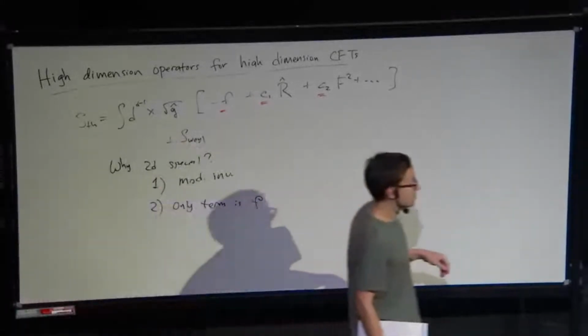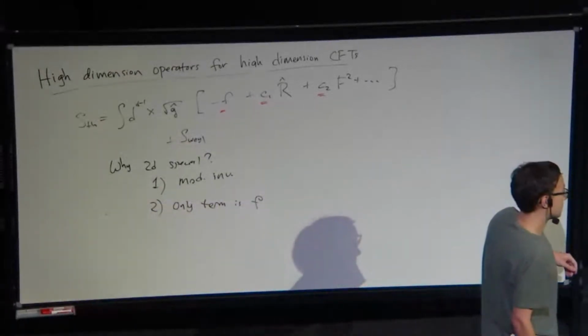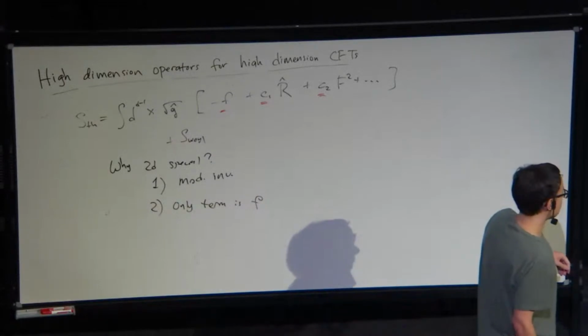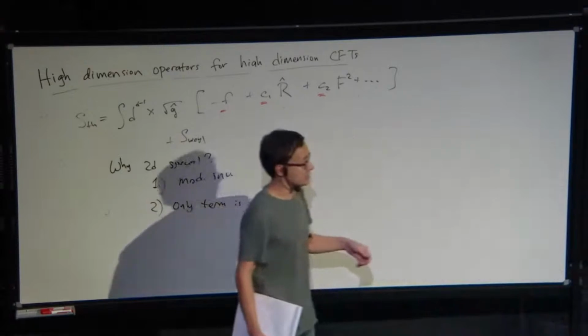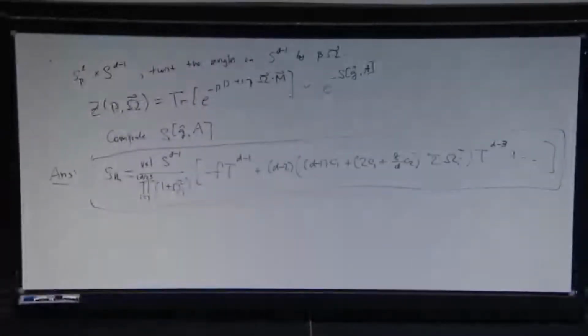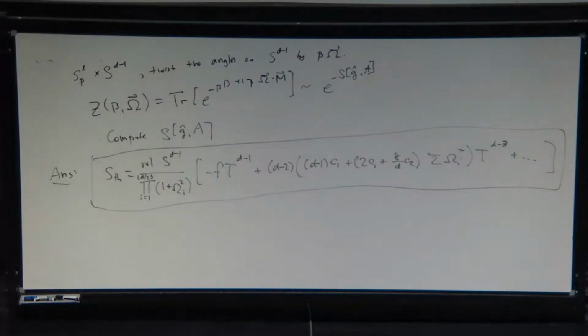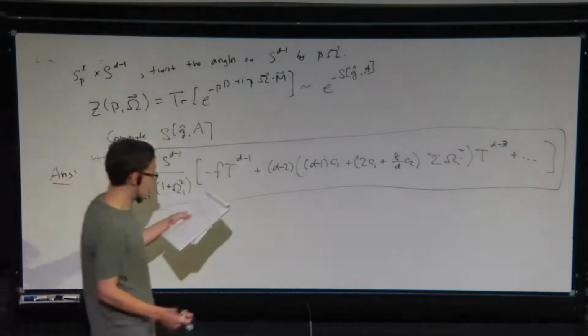Because you have T to the d minus 1 and T to the d minus 3. You cannot add dimensionless things. Well, yeah, that's right. There's the radius of this sphere. Yeah, thank you. Same as when I have a T to 1 over T transformation in 2D CFT, there's always secretly the length of the cylinder that we set to 1. Yeah, thank you.